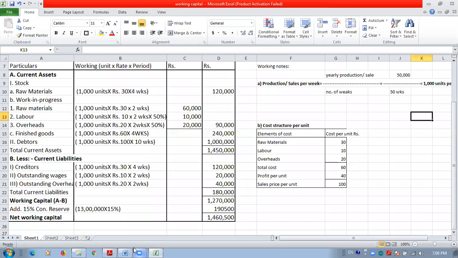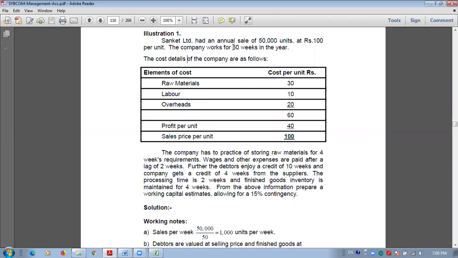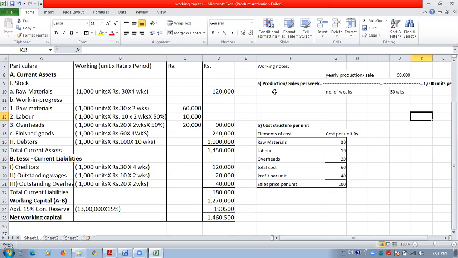In this problem they have given us 50,000 sale at 100 price, and the company works for 50 weeks in a year. That's why while calculating the weekly production, we divided 50,000 yearly production by 50 weeks. So the answer is 1000 units per week.